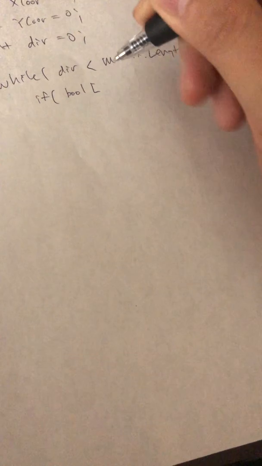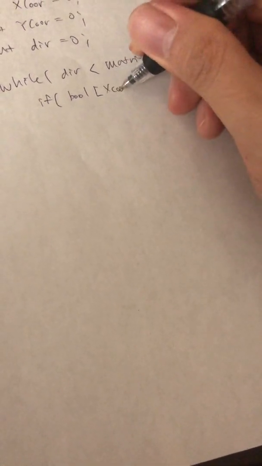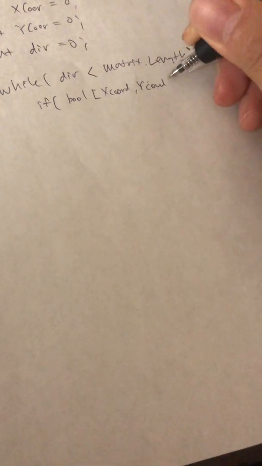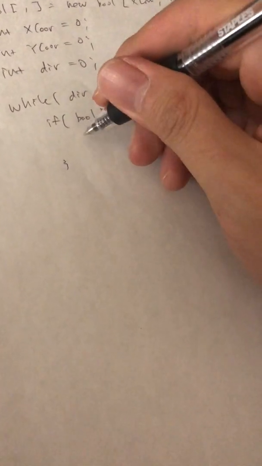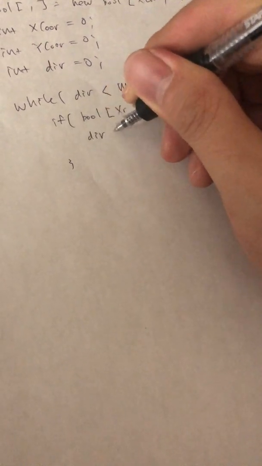And the condition for that is that if bool x coordinate y coordinate is true, then I'm going to go ahead and change direction by adding 1.